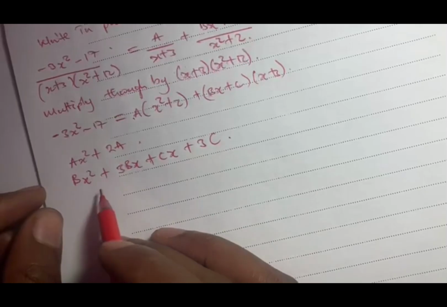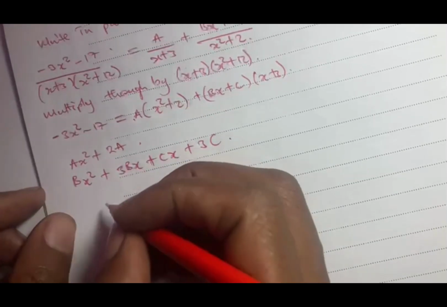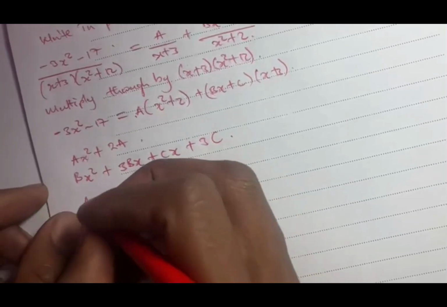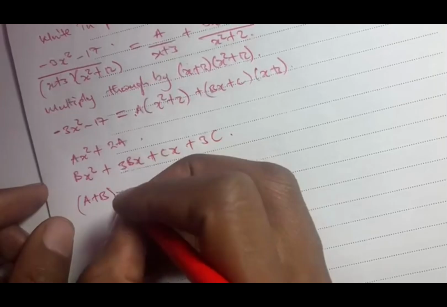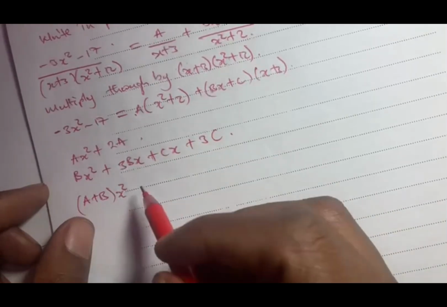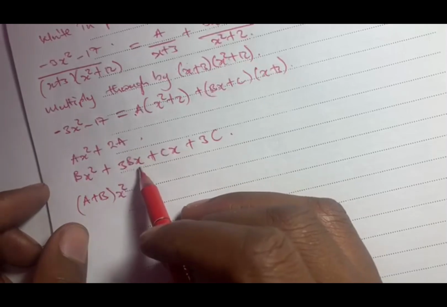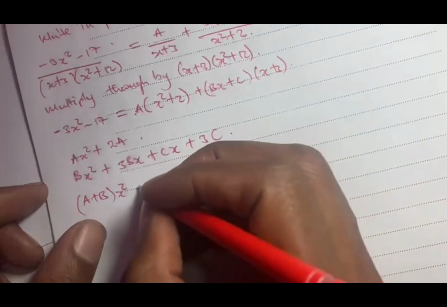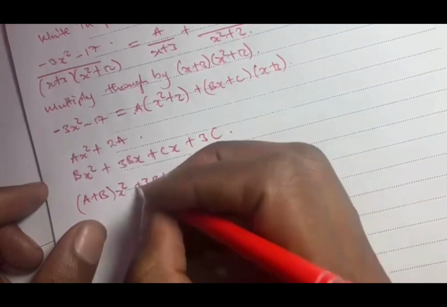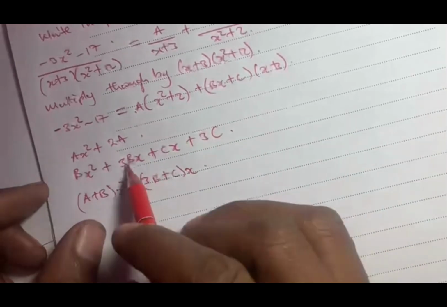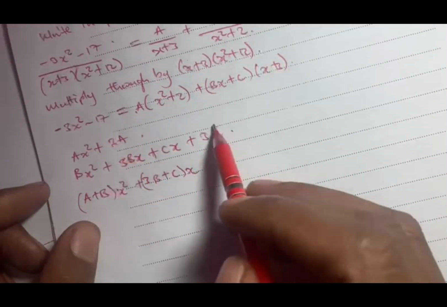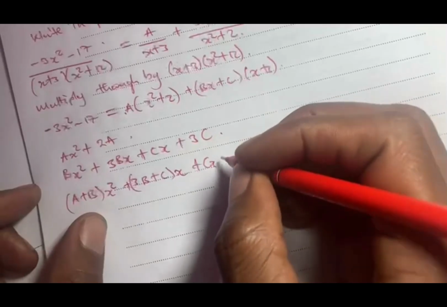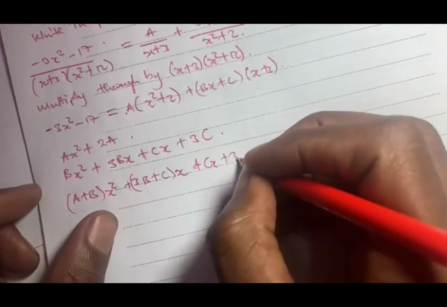After expanding all this, I can add these functions. Terms in x squared will be a plus b x squared. Terms in x give me 3b plus c x. The constant terms are 2a plus 3c.